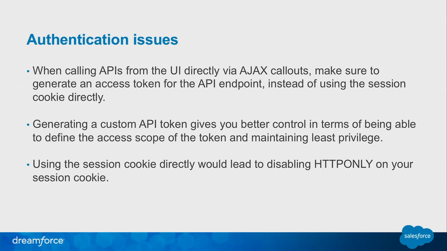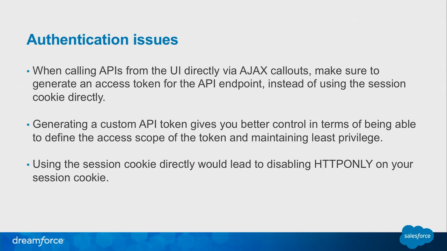So for example, in their Salesforce org, if someone said that, okay, I want the HTTP only attribute set on my cookie, they shouldn't have to go and disable that security requirement just because they want to use your app, right? You want the user to keep the security settings they want.